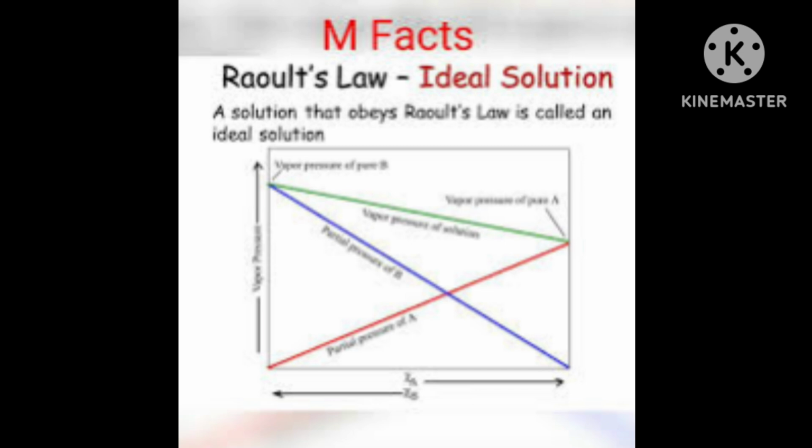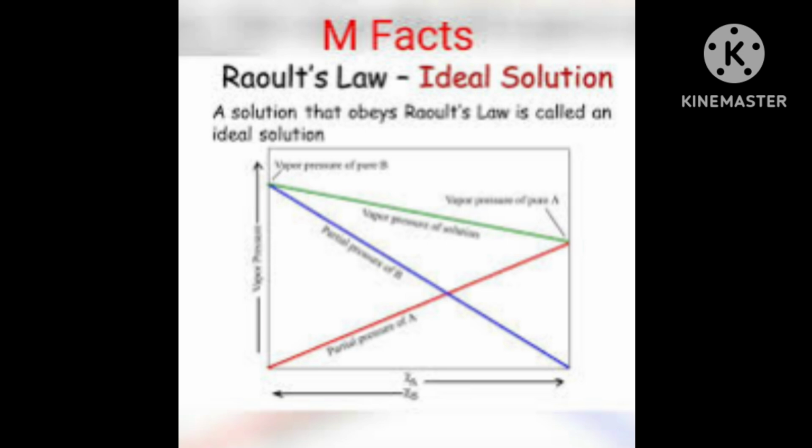Then you will find that two triangles are forming, one for x1, and now slowly x2 became equal to 1. When it became 1, the pressure was high, because the mole fraction is maximum, so the vapor pressure will be maximum.